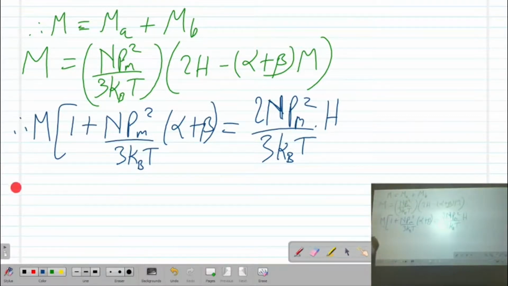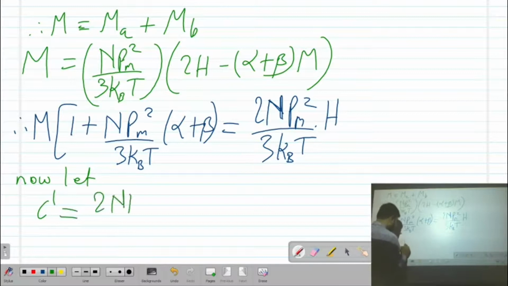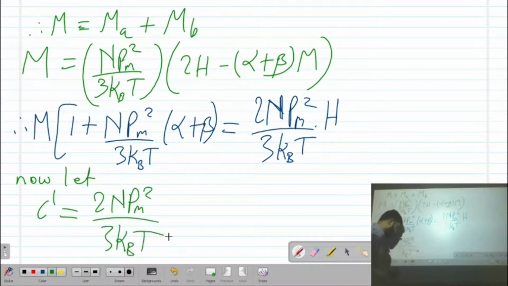We know m by h is equal to chi. So chi can be written over here instead of this. But before going to chi, let us assume some things. Now let c dash is equal to n square by 3k B T. This T will not come, this is nothing but c dash.